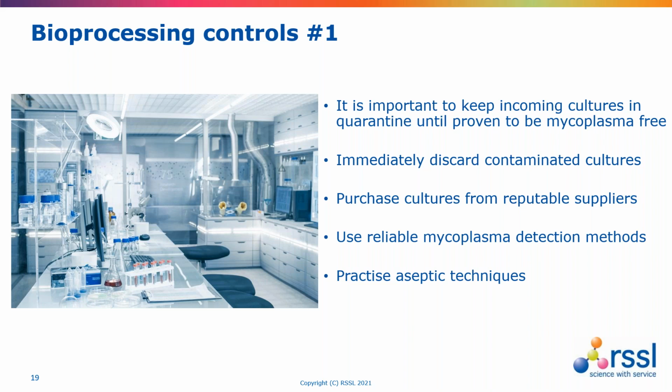But in terms of general controls, it's good practice to keep incoming cultures in quarantine until they've proven to be mycoplasma free. And if we find out that a culture is contaminated, then discard it as quickly as possible. We can build up an understanding of reputable suppliers and purchase cultures from companies that have a good record of providing contamination-free cultures.